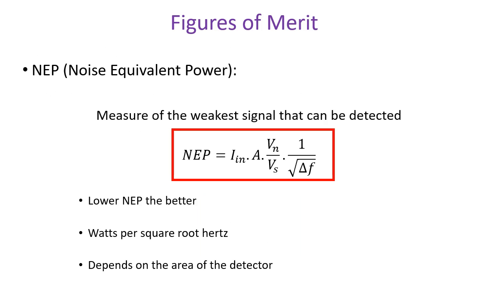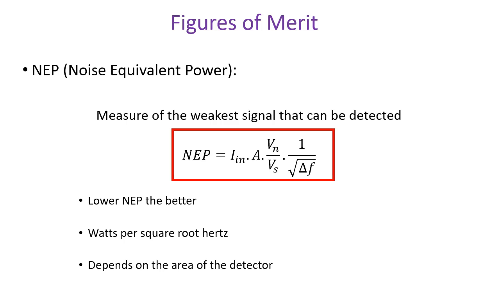What it is telling you is the weakest value of the signal that you can barely detect, because below that you will be submerged in noise, right? So this noise equivalent power clearly gives me the baseline of noise.